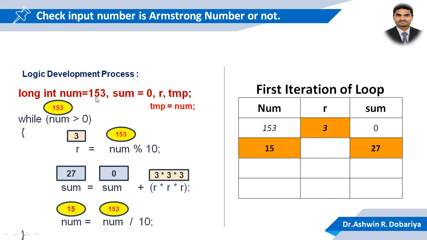We know that we are separating the original number digit by digit, so how can we access the original number? So we will take one backup copy of the original number into temp, and let's execute this program one by one. And here I also mentioned the dry run table.